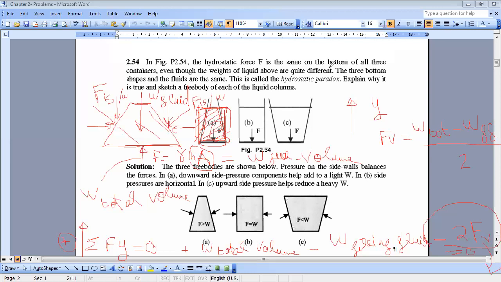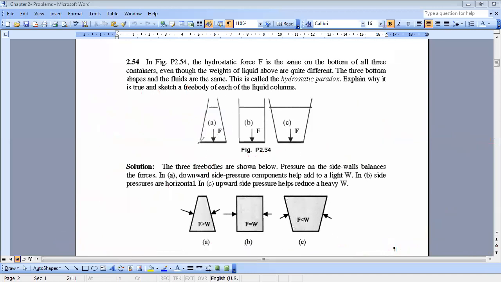This term represents what? When you subtract the total volume minus the volume occupied by the fluid, you will obtain this volume of fluid. So on this surface, since it's over 2, you will have the action of this weight, as if it was filled. Okay, this is why we call it missing part.